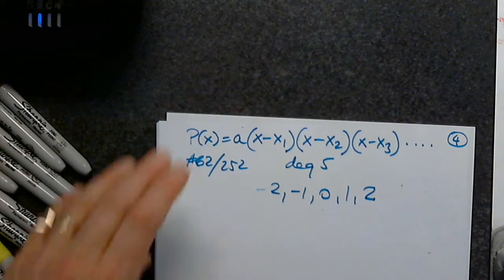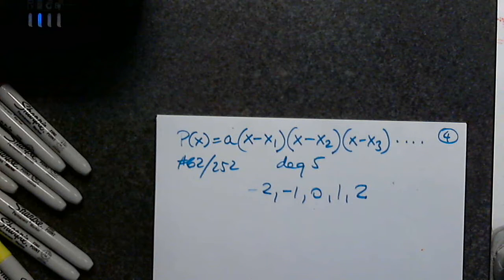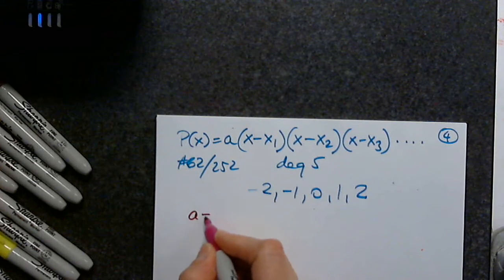Now I have to caution you and say, we don't have any information about A. If you let A be any real number, then we will have infinitely many polynomials with those zeros. Well, let's stick with the simplest possible polynomial, and let's say A is 1. They're not saying anything, so let's assume that A is 1.